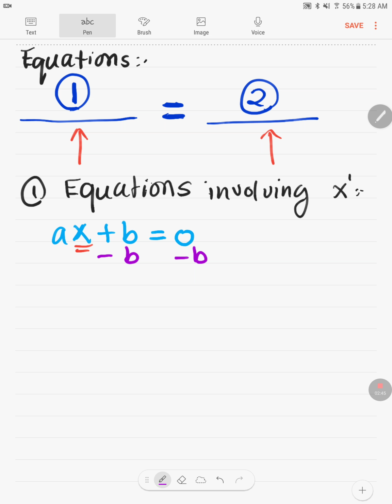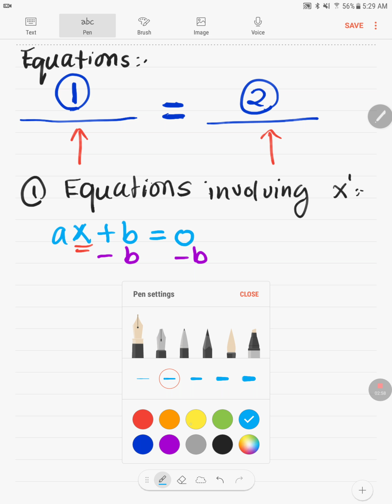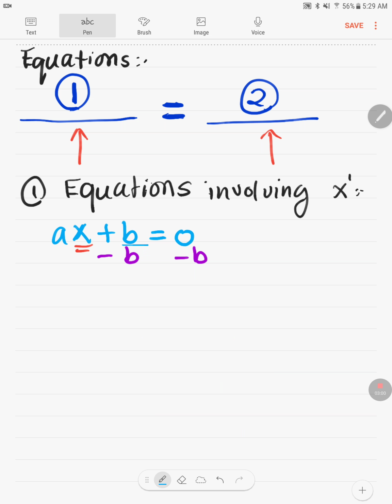Now to keep the equality, whatever we do to this side, we have to do to this side to keep them equal. So we subtract b from both sides, and what we're left with is b minus b is 0. So we get on the left hand side ax, on the right hand side minus b.